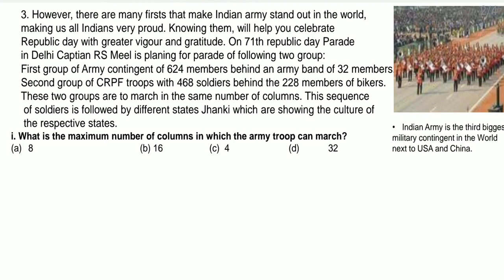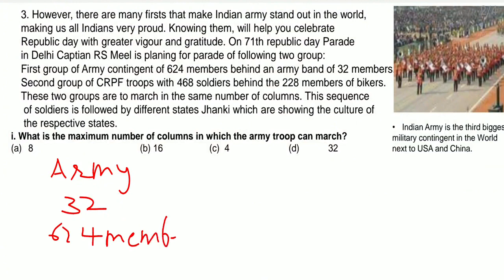So let me write here. The first group is for the army. Here is the army, and in front 32 members, behind them 624 members. 32 members of the band, and 624 members are there.